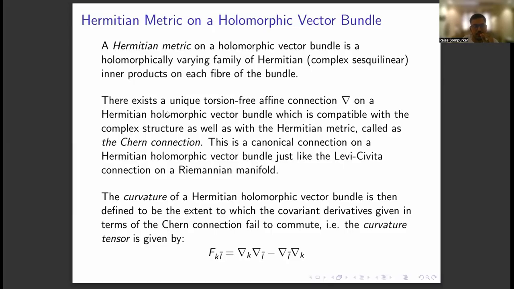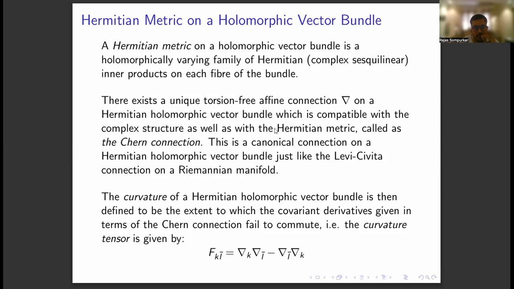Over here as well, if we are given a holomorphic vector bundle equipped with a Hermitian metric, then there will exist a unique torsion-free affine connection which will be compatible with the complex structure as well as with the Hermitian metric.